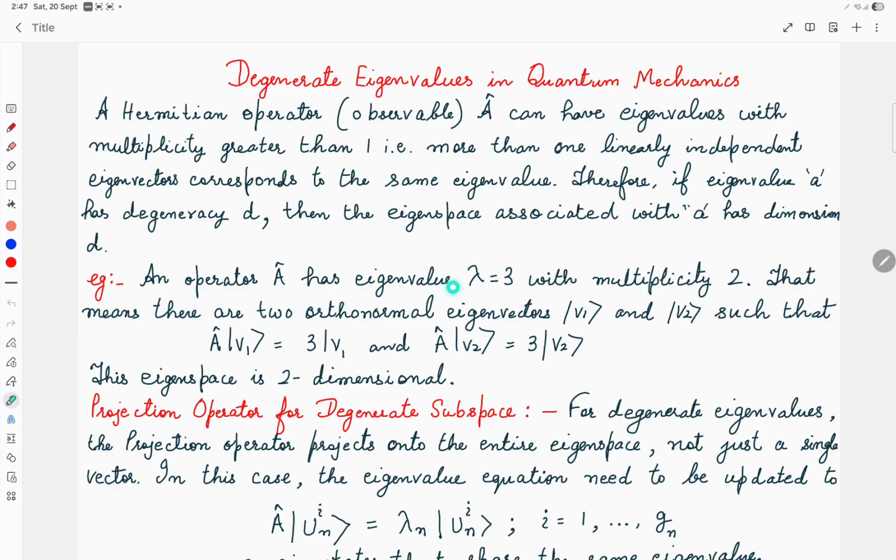An operator A has eigenvalue lambda equal to 3 with multiplicity 2. That means with this eigenvalue lambda equal to 3, two eigenvectors will be associated. So we can write two eigenvalue equations. One is this, the other is this. Same eigenvalue but different eigenvectors. In this case, the eigenspace is two-dimensional, particularly related to the degeneracy.